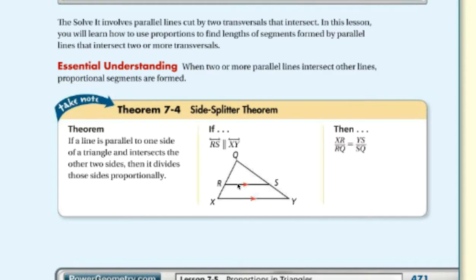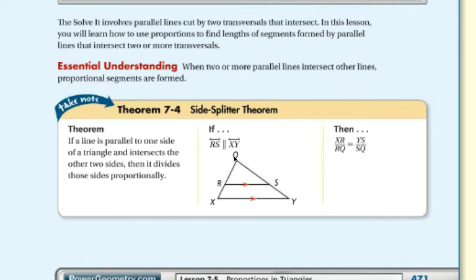Seen here, RS is parallel with XY, allowing us to create this proportion of XR over RQ, and how that should be proportionate to YS over SQ. So XR is here, RQ is here.